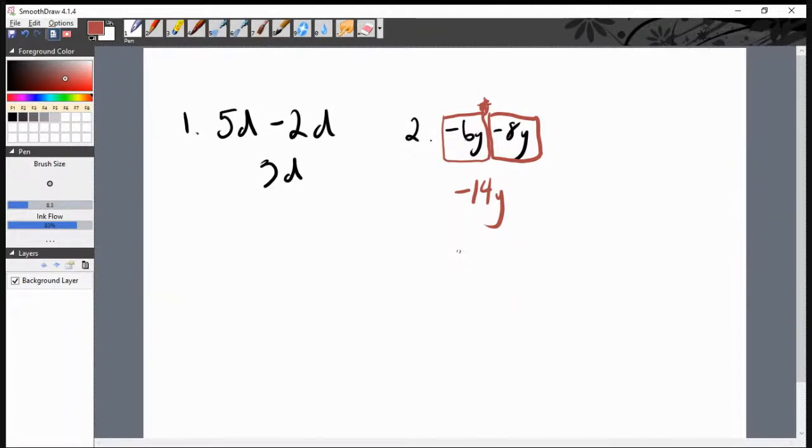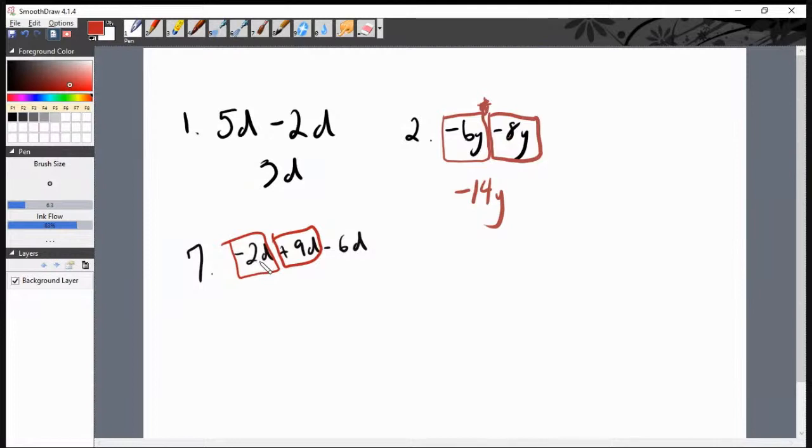How about number 7? Negative 2d plus 9d minus 6d. If you have negative 2d plus 9d, remember, this is a negative number and a positive number.